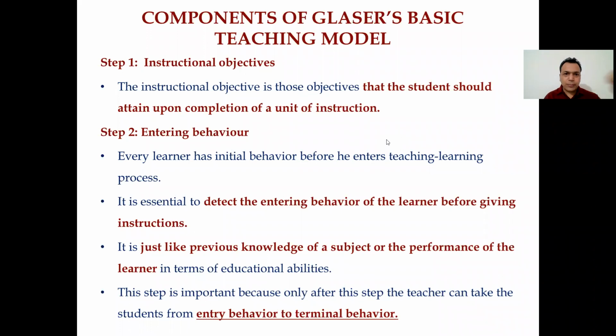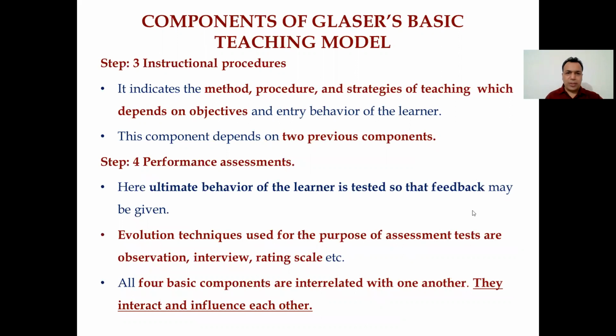Okay, if you know about this model, GLASER'S basic teaching model, right? So first instructional objective we done, entering behavior we done. Third is instructional procedure. Now guys, this term indicates the method, procedure, strategies of teaching, which depends on objective and entering behavior of the learner, right?